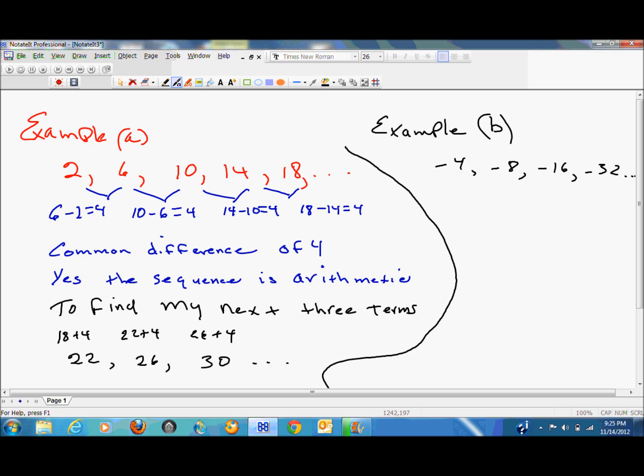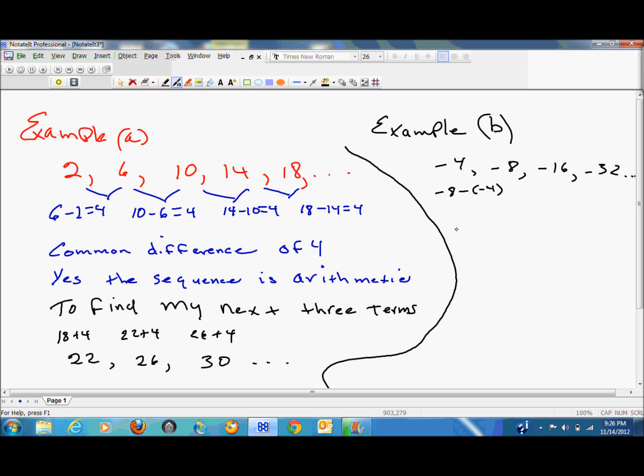So if I take the first term and subtract it from the second term, and this is very important that you see this, okay? I will have negative 8 minus negative 4.